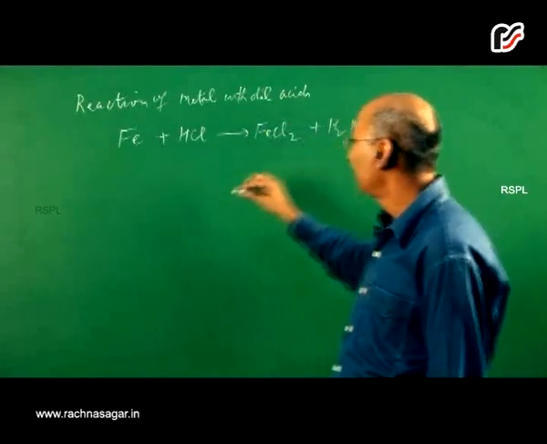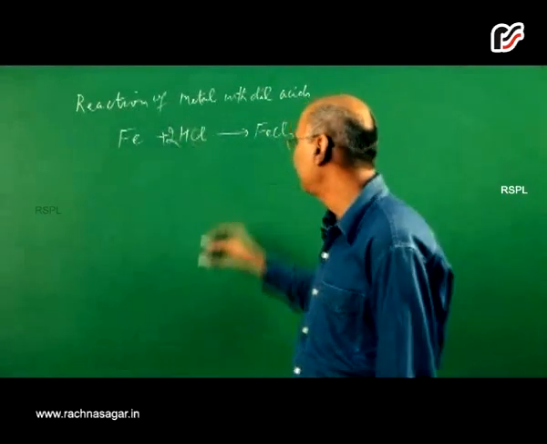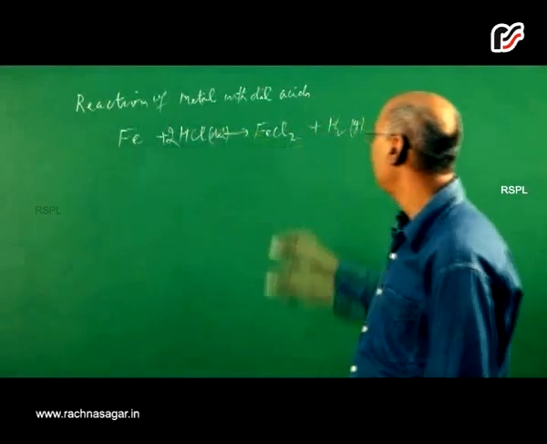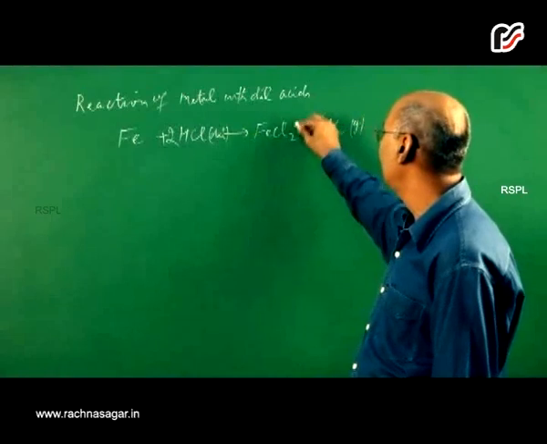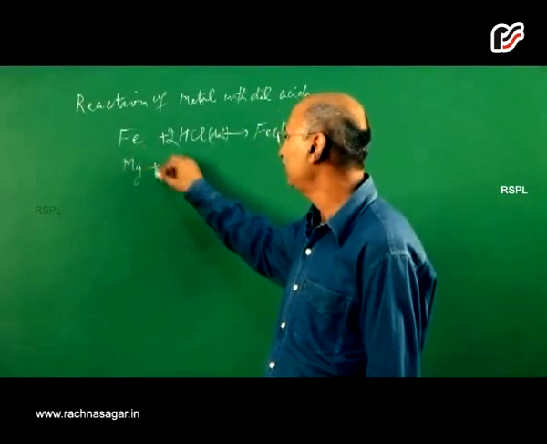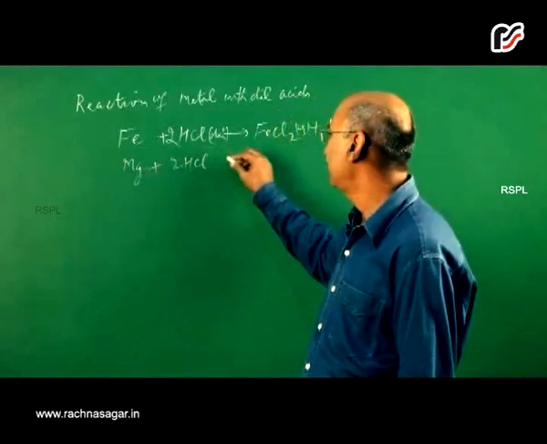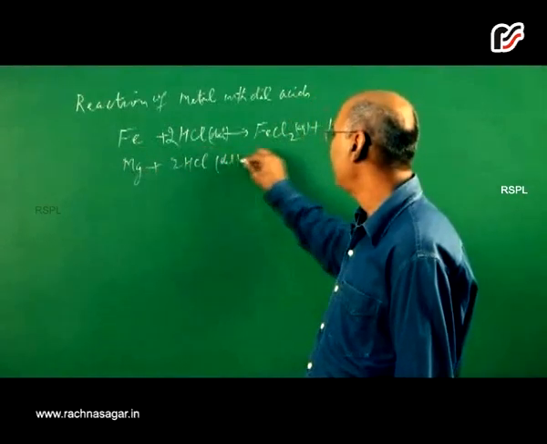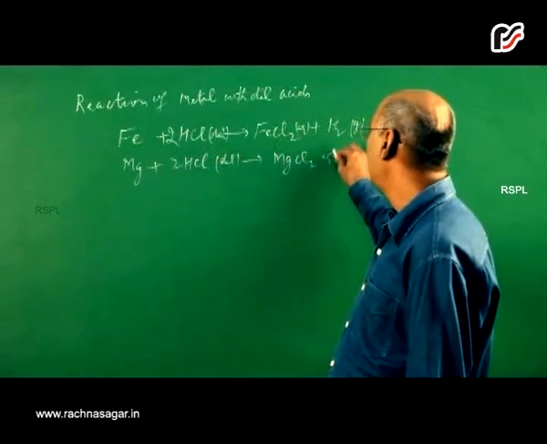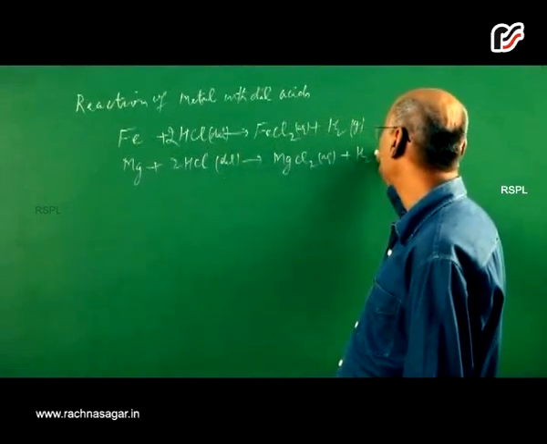Now Fe will react with 2HCl, dilute acid, and it will result in the formation of FeCl2 aqueous plus hydrogen gas. In the same manner, magnesium reacts with dilute hydrochloric acid and results in the formation of MgCl2 aqueous plus hydrogen gas.